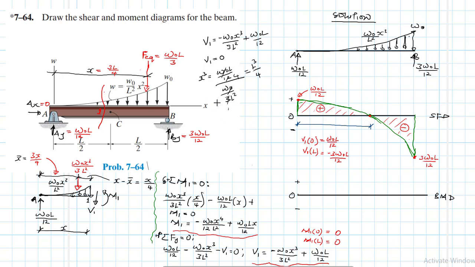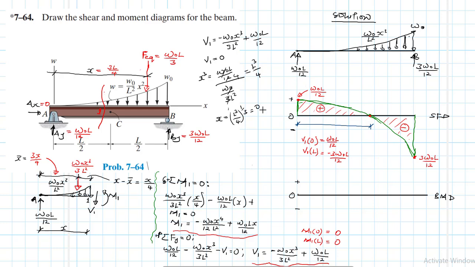Then our x is going to be equal to L cubed divided by 4 to the power 1 over 3, which gives us, what is 1/4 to the power 1 over 3? This gives us 0.63.